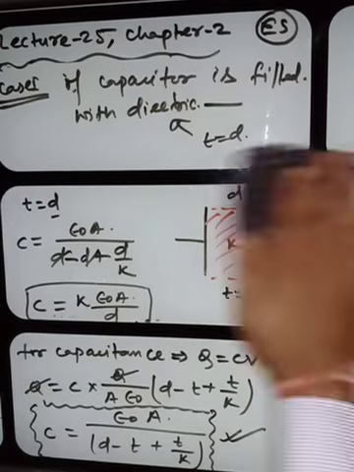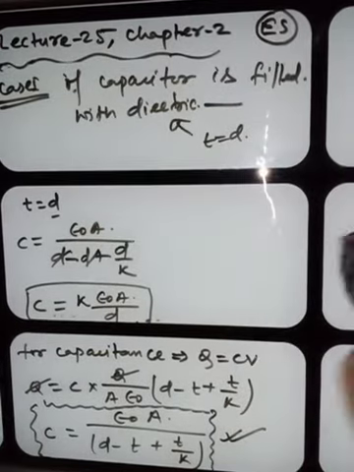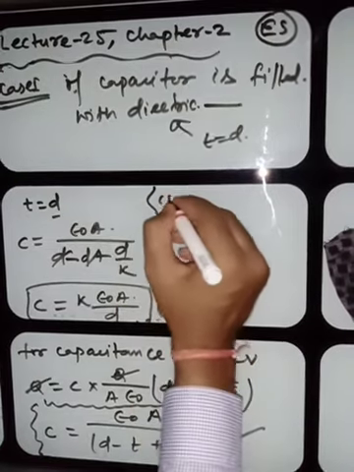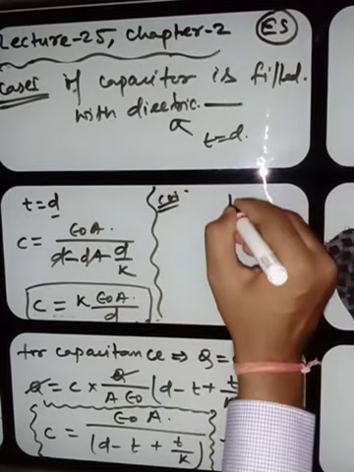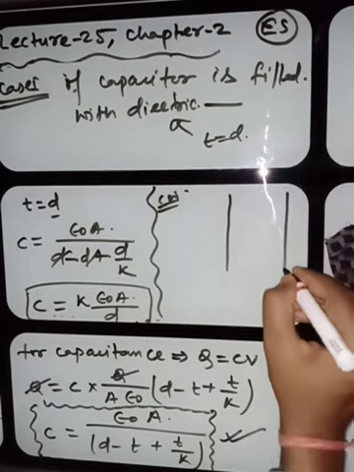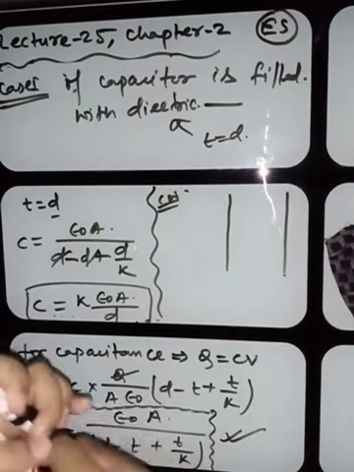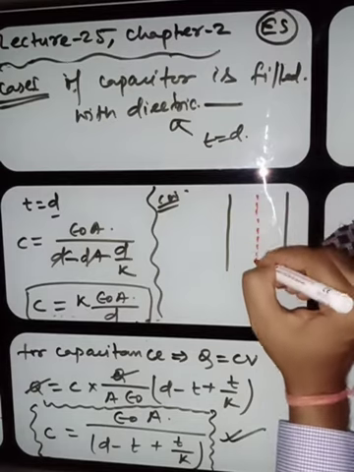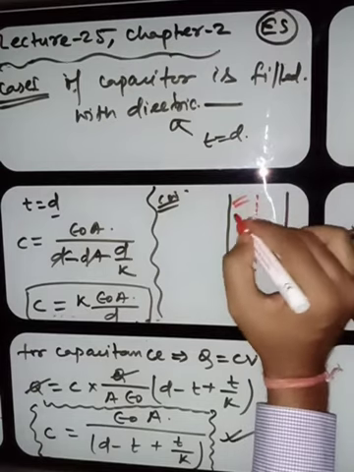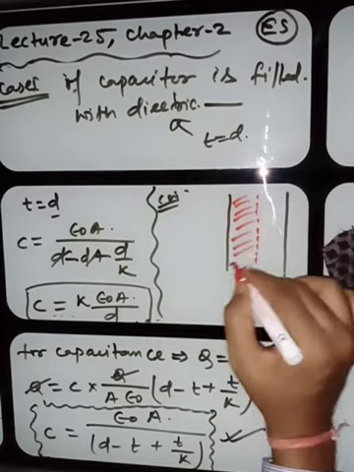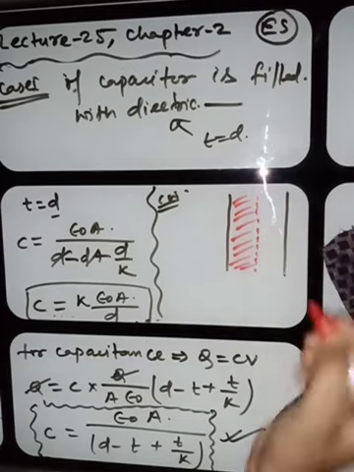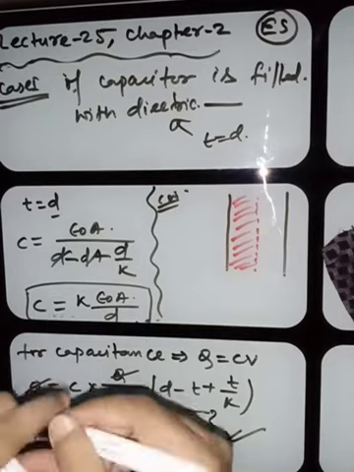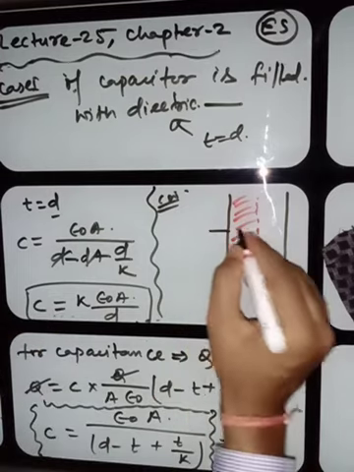This will be your classwork. If the dielectric fills the space halfway and the other half is free, what will be the capacitance of such a capacitor?